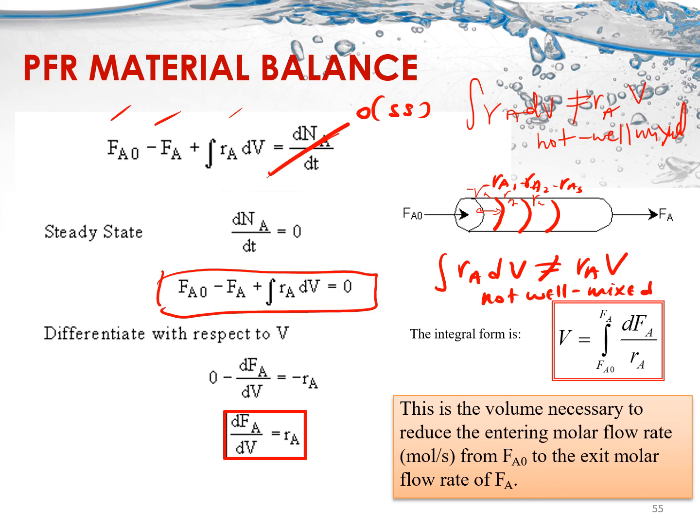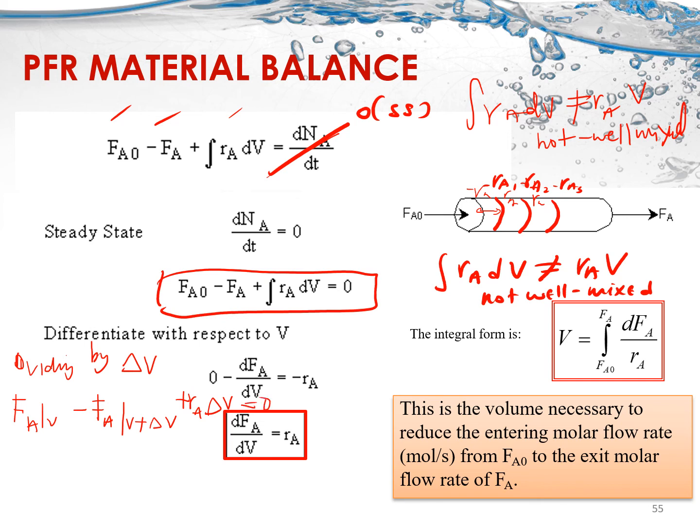Okay, so how we get dFA over dV here is by dividing by the change of volume, and we arrange it. For example, we have FA at V, FA at V plus the change of V, plus RA delta V, delta, I call it delta, or I can't remember the name of the triangle symbol, equals 0.